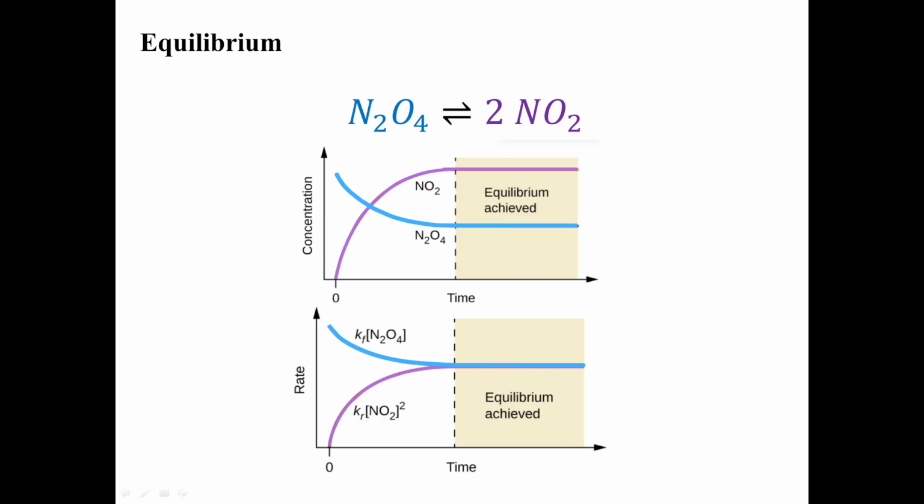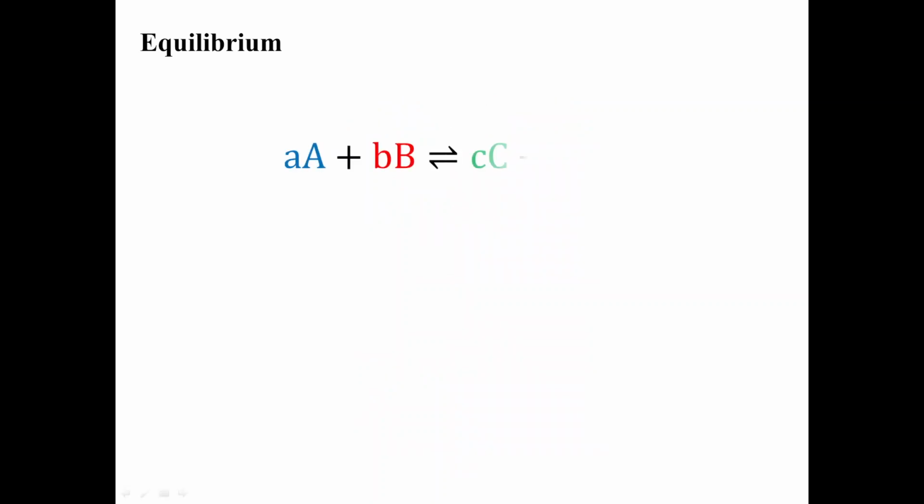So we can look at this a little bit mathematically and figure out how much of a particular reactant or product we're going to have with these equilibrium constants. We're going to look at the generalized reaction where we have A with a coefficient of lowercase a plus B with a coefficient of lowercase b yields C with a coefficient of lowercase c plus D with a coefficient of lowercase d.